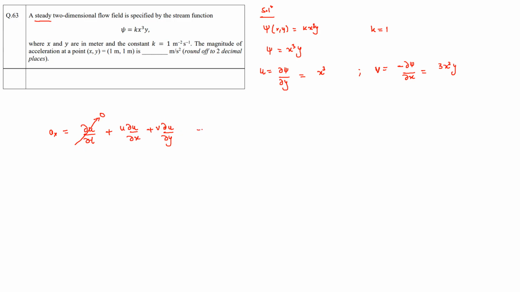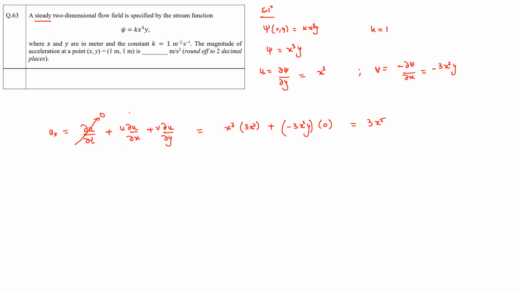Then this is equal to u, which is x cube, times partial u partial x, which is 3x square, plus v, which is minus 3x square y, times partial u partial y, which is equal to 0. So this becomes 3x to the power 5.